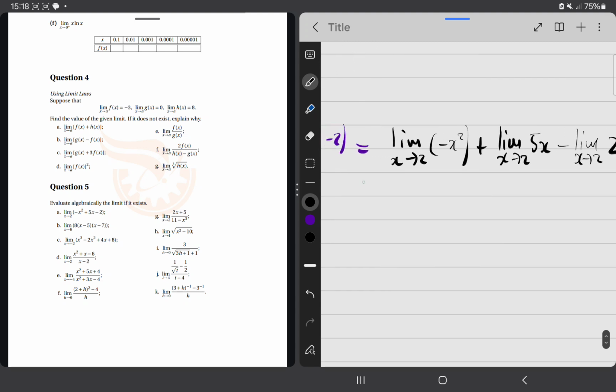Then it's equal to, we bring the negative outside, negative the limit as x approaches 2 of x, then we square outside.